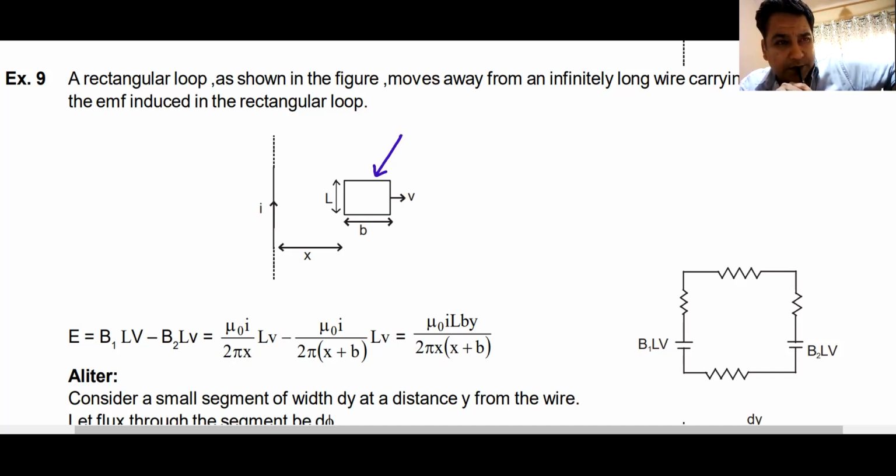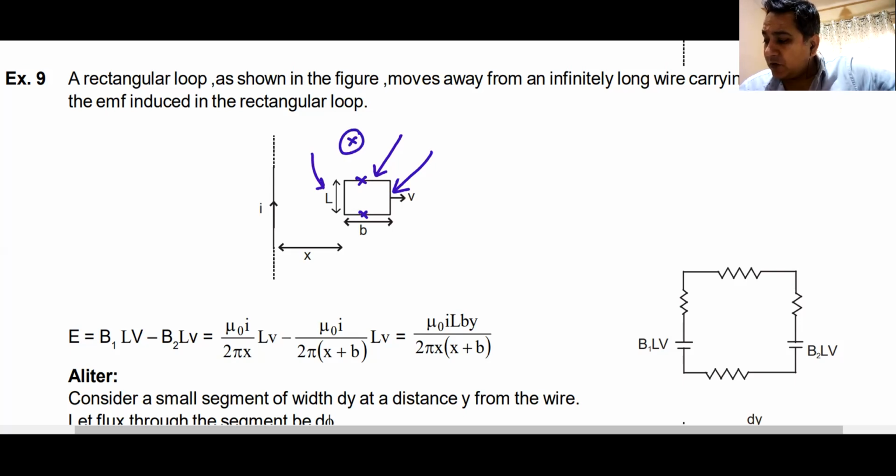How will you find the EMF in this rectangular loop? EMF induced in this part will be 0 because L and V are parallel. EMF induced in this part is also 0. L and V are parallel. EMF will only be induced in this part and this part.